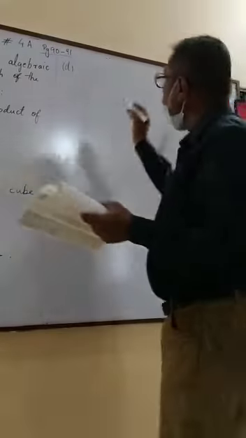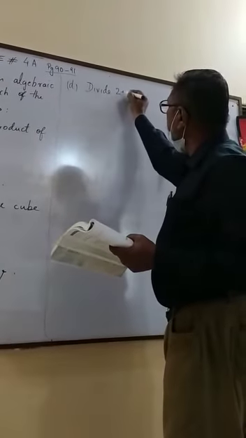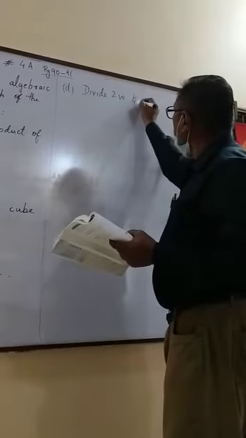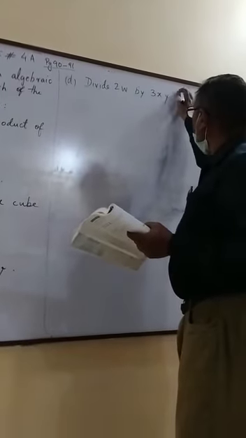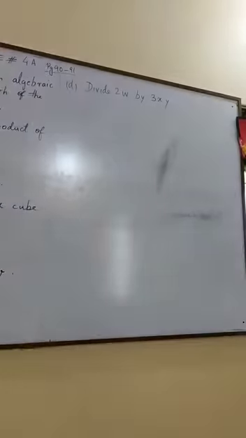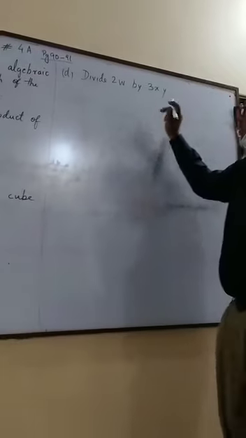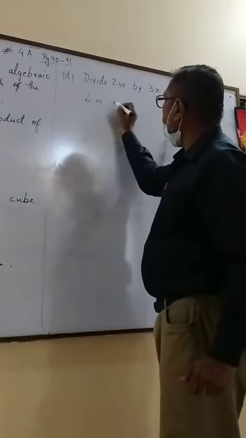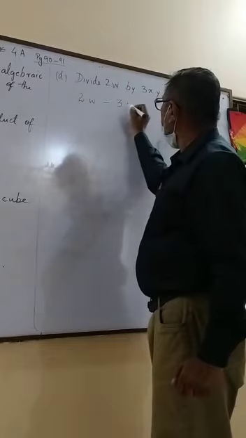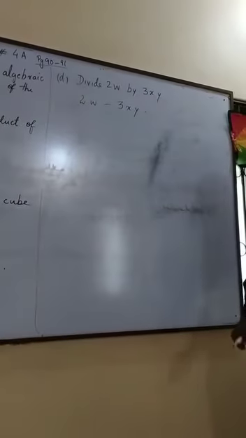Okay, the D part says divide 2w by 3xy. We have to divide 2w by 3xy. So 2w will be divided by 3xy. So we will have to write 2w first, and 3xy later.